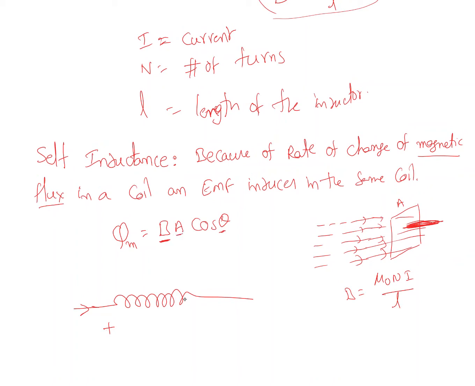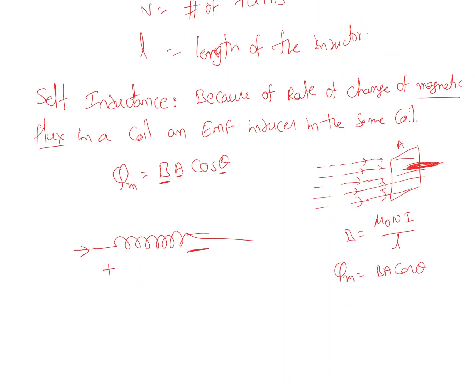Area is the area of the loop; I know the diameter of this loop, so I can find the area. Phi m is BA cos theta, and here theta equals 0, so phi m is nothing but BA.